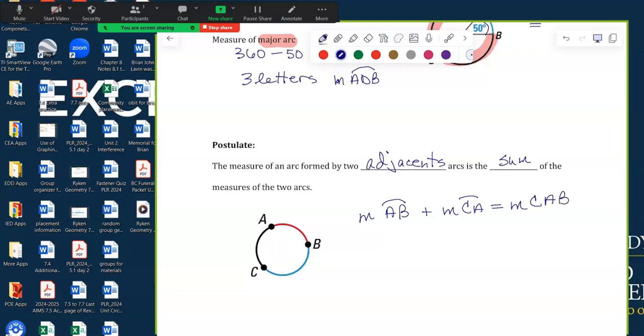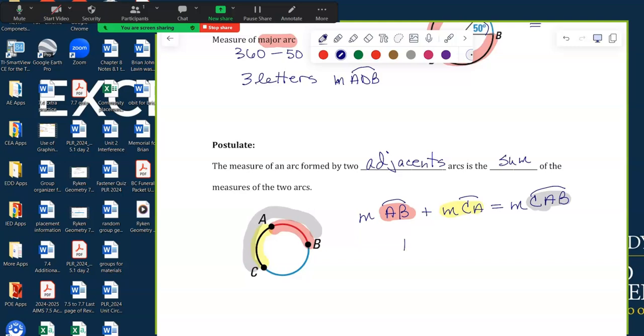Okay, so what did I just do? I just said that if I want to do this arc, that's AB, and then I did CA, so let's do that arc, CA. Don't you agree that that must equal this whole thing? There you go. And I had to put my little arc symbol on top of CAB. Do you see how CAB is going to be greater than 180 just by the way you look at it?